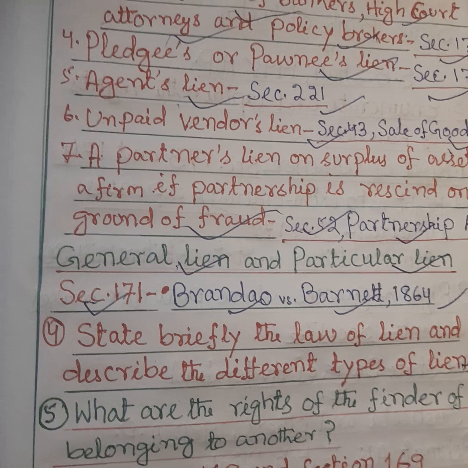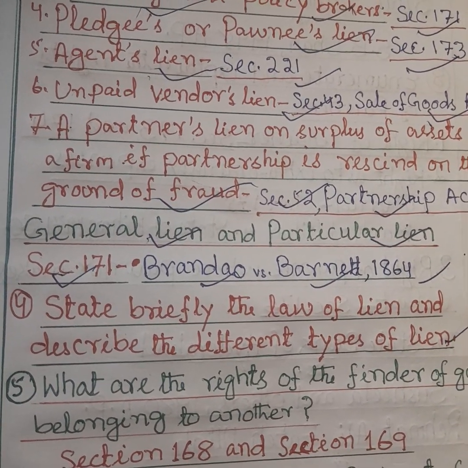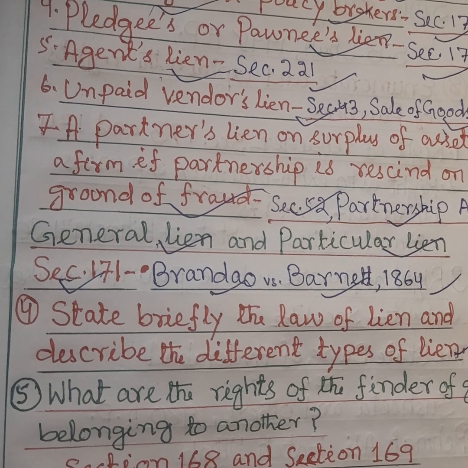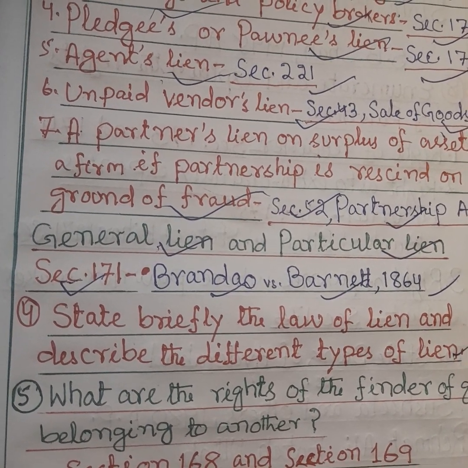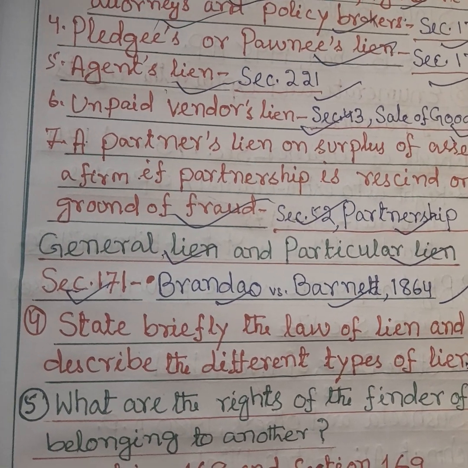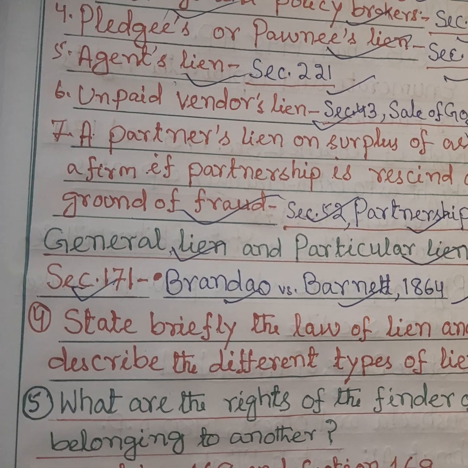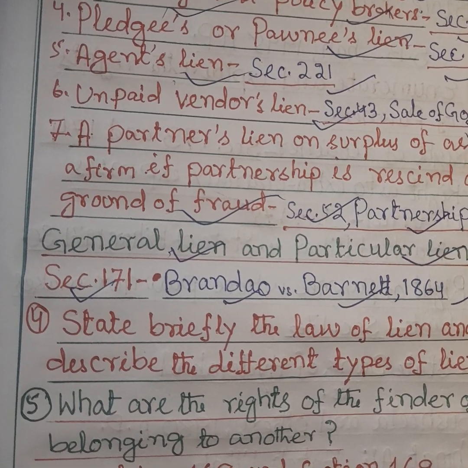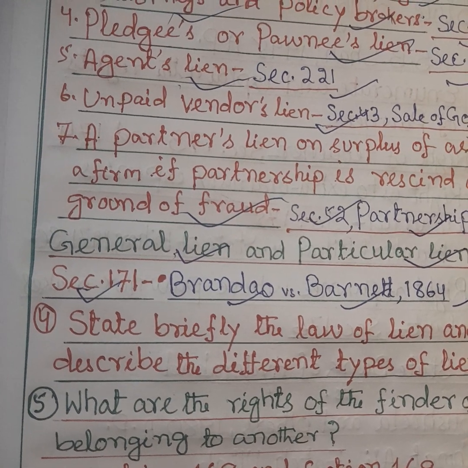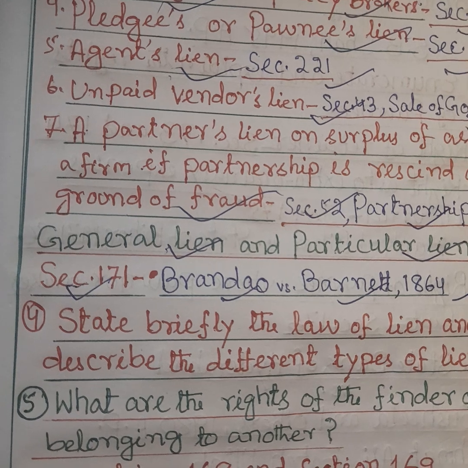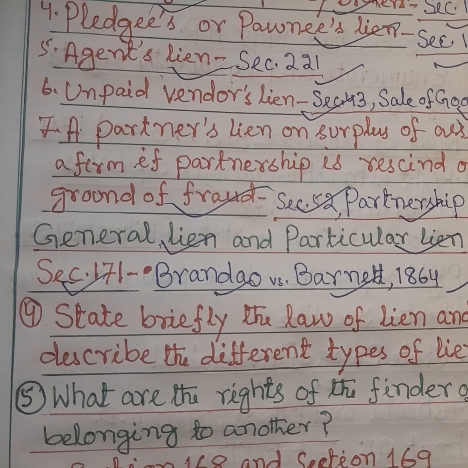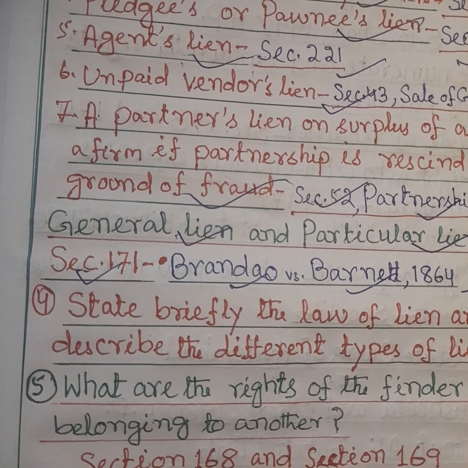General lien of bankers, factors, wharfingers, attorneys, and policy brokers: in the absence of a contract to the contrary, they may retain as security for a general balance of account any goods bailed to them, but no other persons have a right to retain as security for such balance goods bailed to them unless there is an express contract to that effect, as provided under section 171 of the Indian Contract Act.